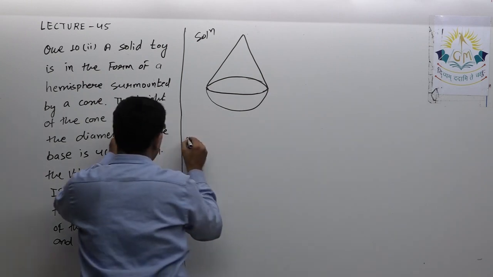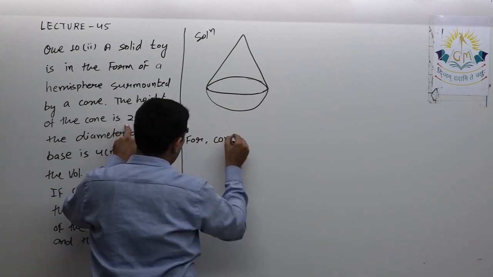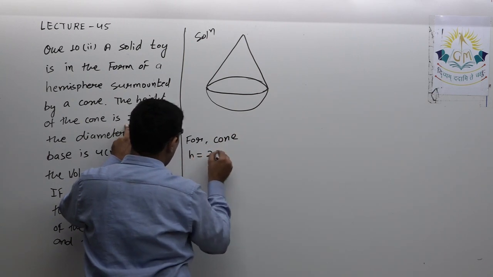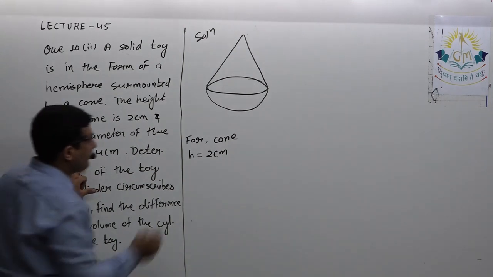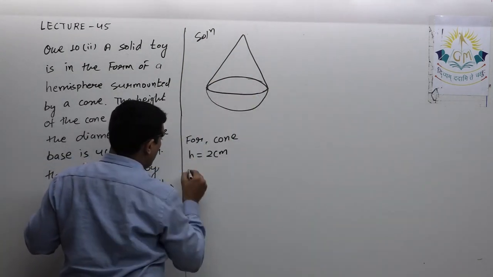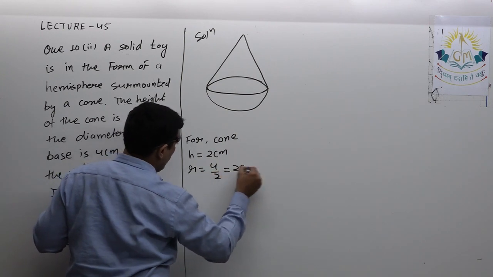The height of the cone is 2 centimeter. That means for the cone, h is equal to 2 centimeter, and the diameter of the base is 4, so r is 4 by 2, that is 2 centimeter.